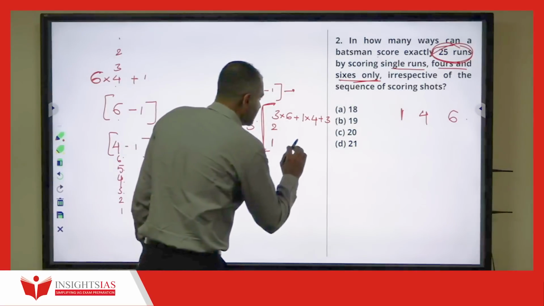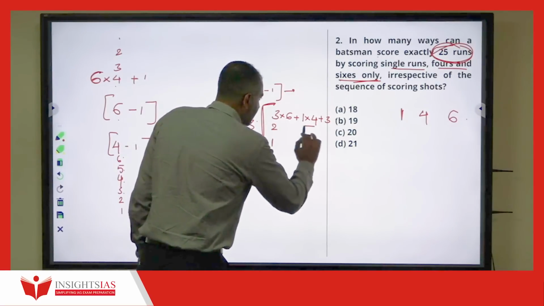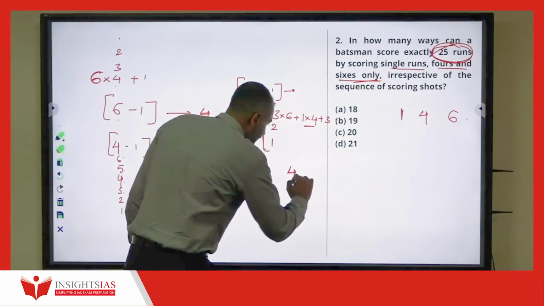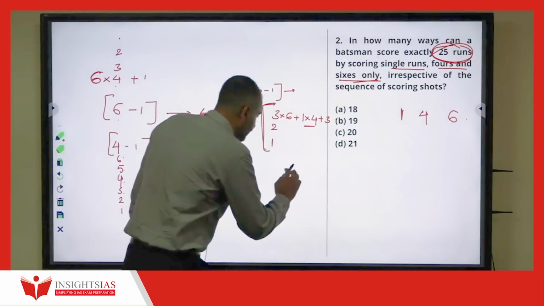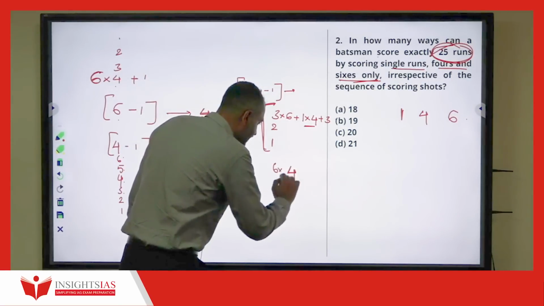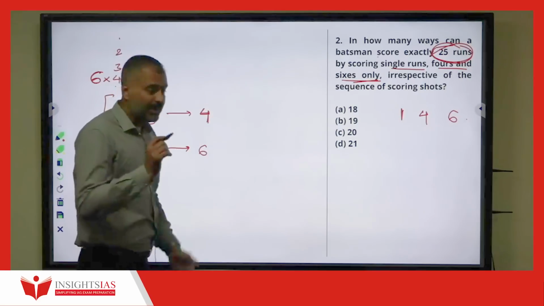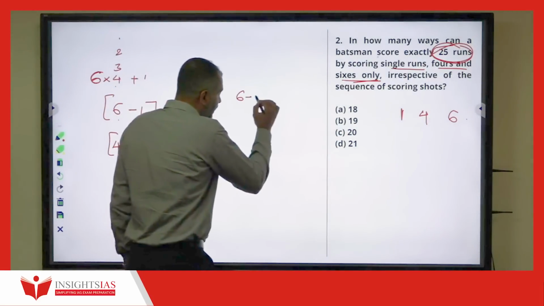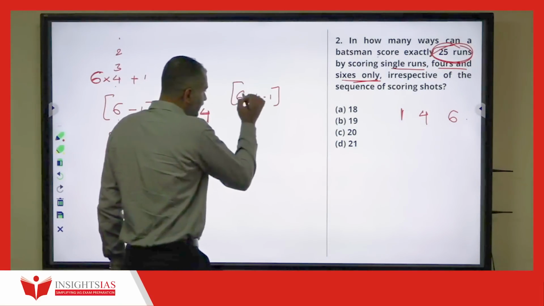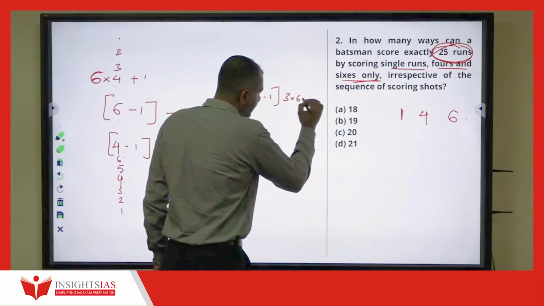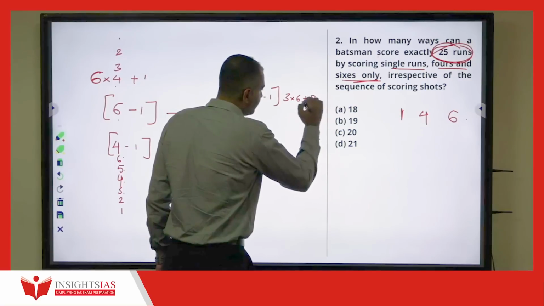Similarly, 4s, I can hit 6 fours, 5 fours. Again the combination of 6, 4, 1. You can hit 3 sixes and 2 fours, 3 sixes and 1 four.